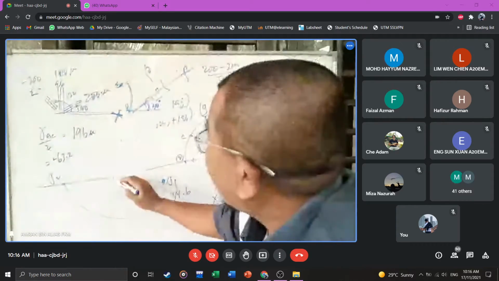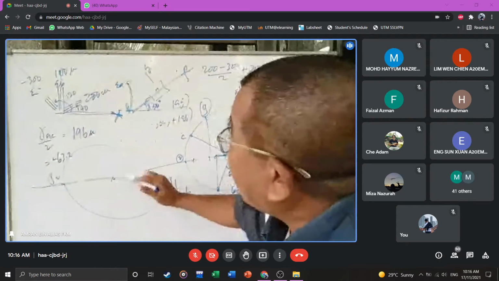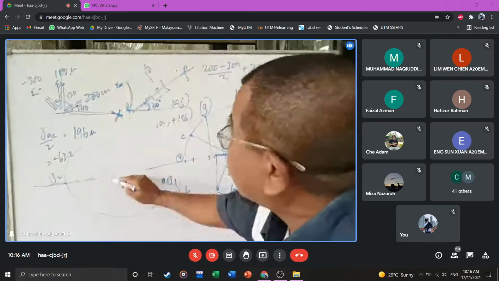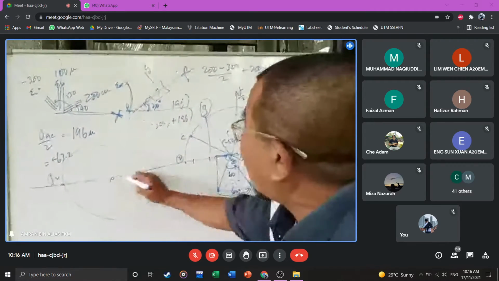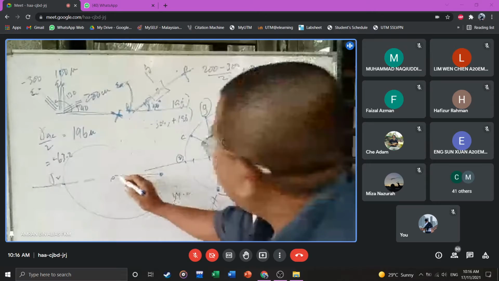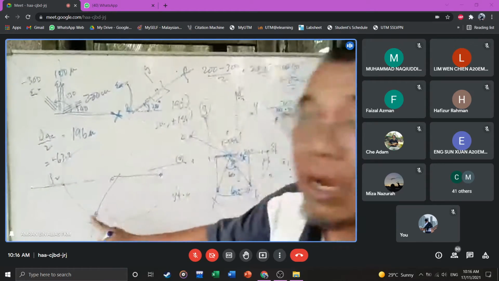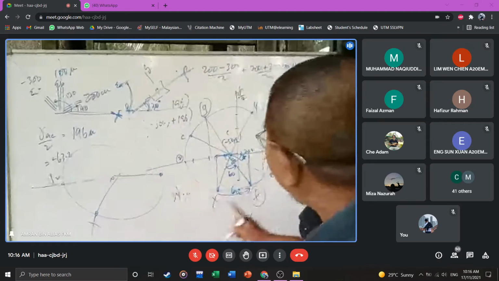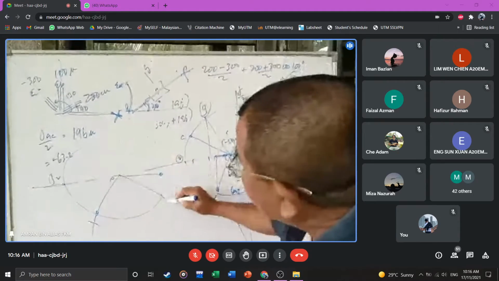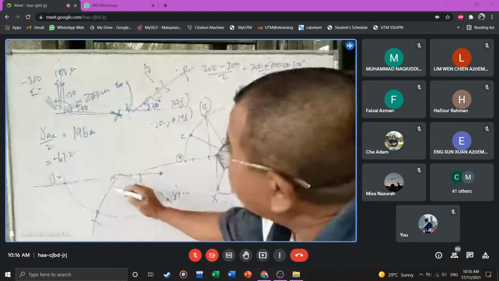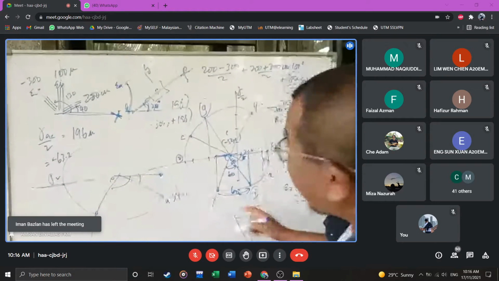Same thing here. When the triangle, when the Mohr's circles like that, this is your sigma 1. Where is that angle here? That must be your X. You must show that one. Where is your A? How many angles there? And then where is your F?